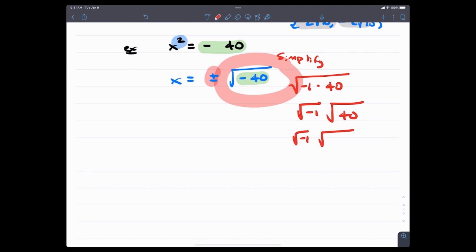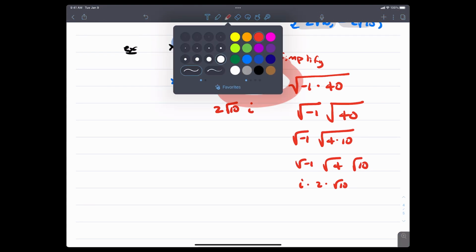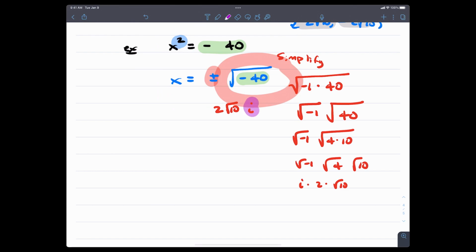We simplified the radical here already for that 40. So this is what you would have had to do yesterday, right? And then you know this is going to be i, this is 2, this is square root of 10. Final answer is 2 square root of 10 i, because we always put the i in the back. Right here, this i.